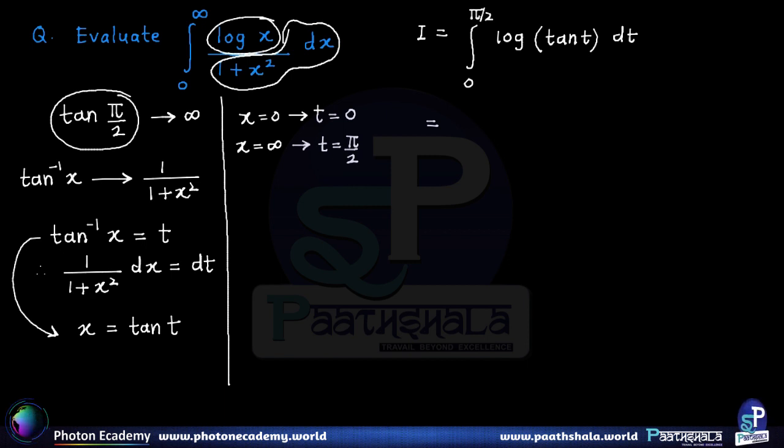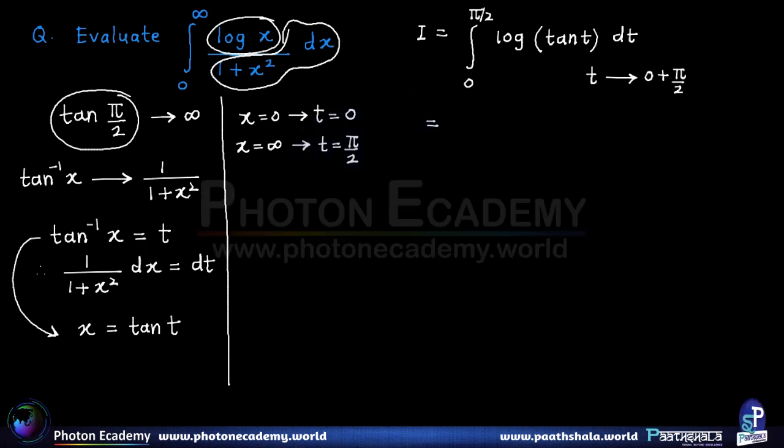So if we replace the variable t with lower limit plus upper limit minus the variable, that is nothing but if we replace t with pi by 2 minus t, the value of the integral will not change.